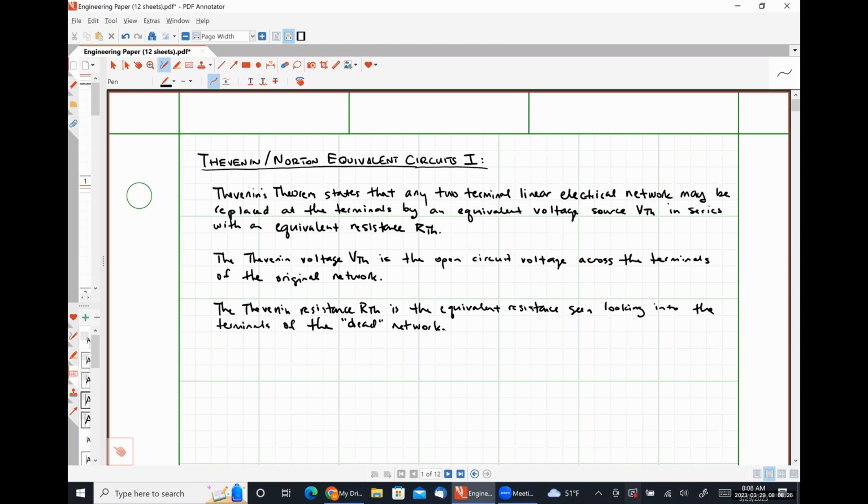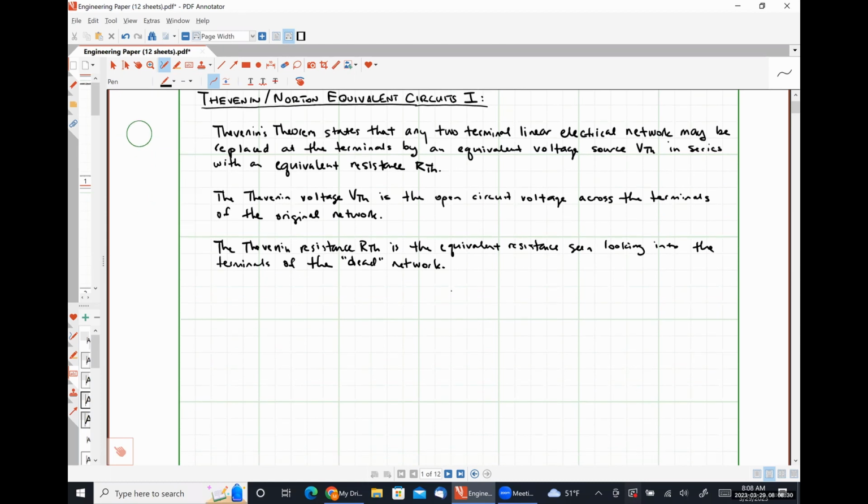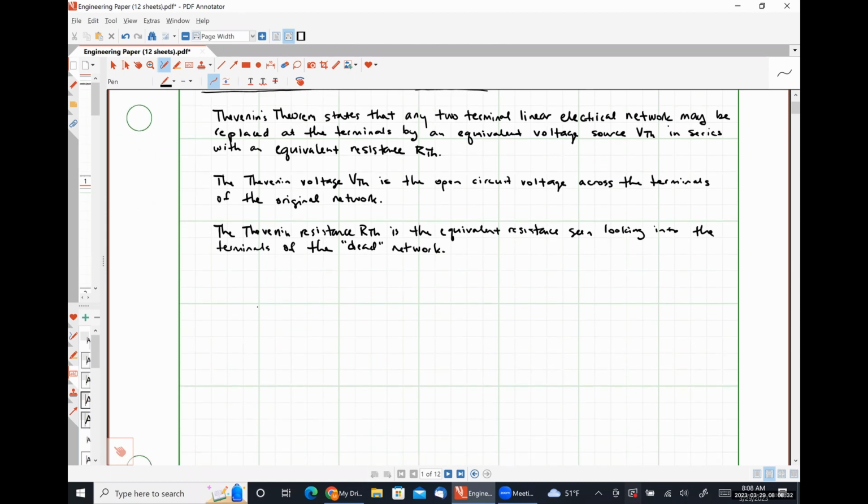So let's put this into practice by analyzing a circuit. Let's say that I have a 12-volt source like so.